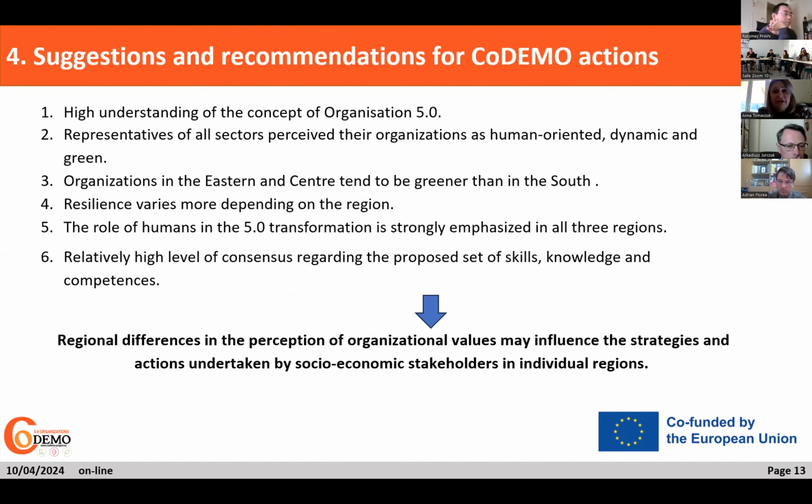Although organizations in the east and center tend to be more green than in the south, and the resilience varies more depending on the region. We have observed different regional perspectives, but the role of the human-oriented dimension, in all regions, is a very important part of transformation.